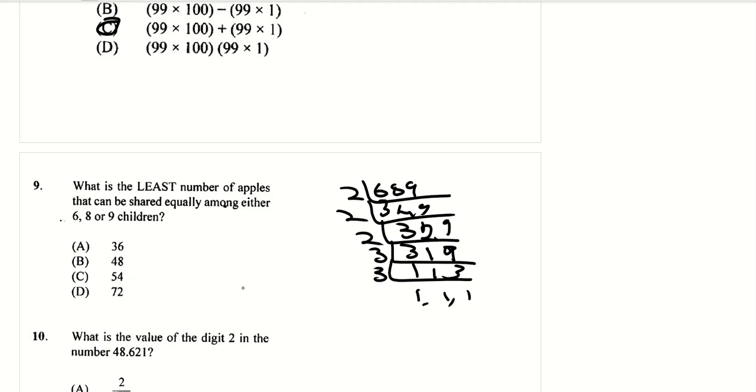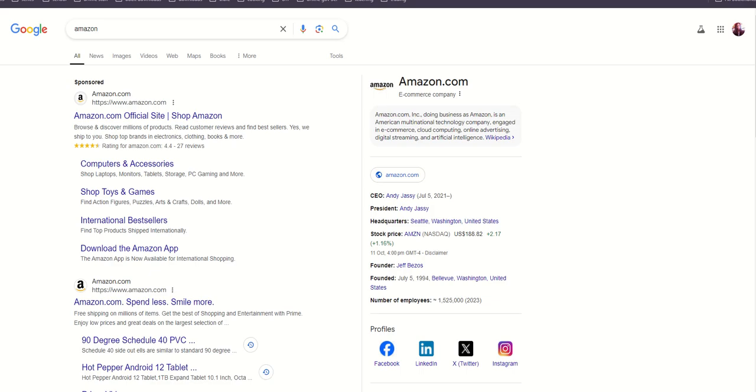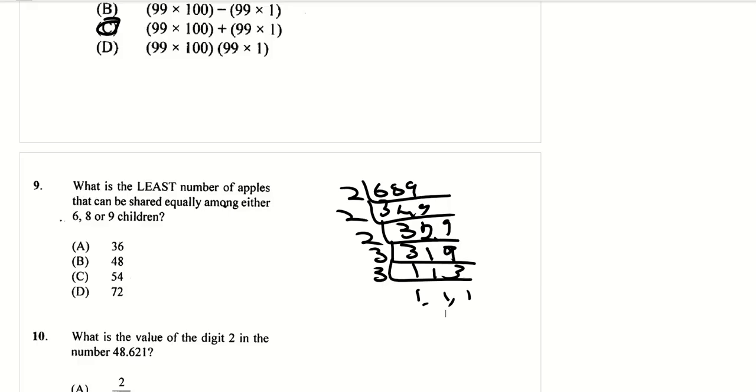Once you get 1, 1, 1 at the end, you multiply. 2 2s are 4, 4 2s are 8, 8 3s are 24. 24 by 3 is 72, so the answer is D.